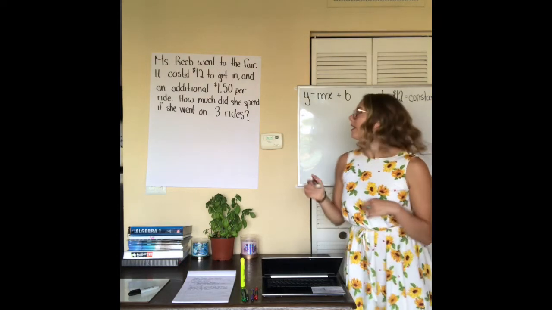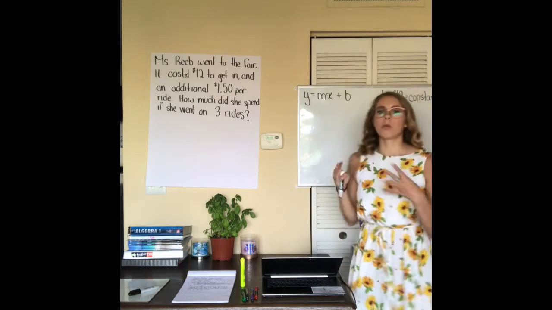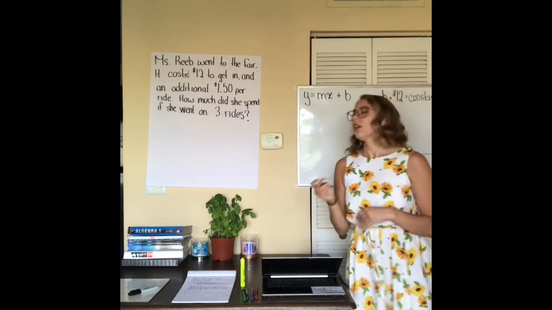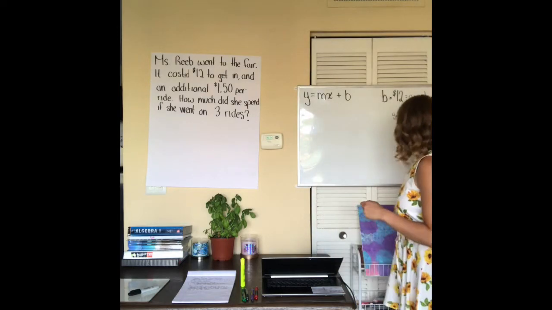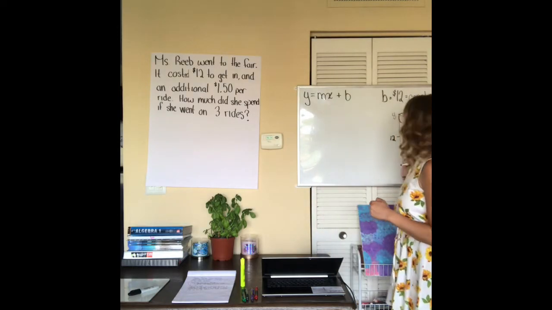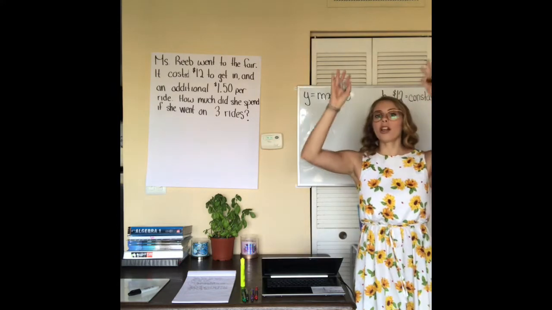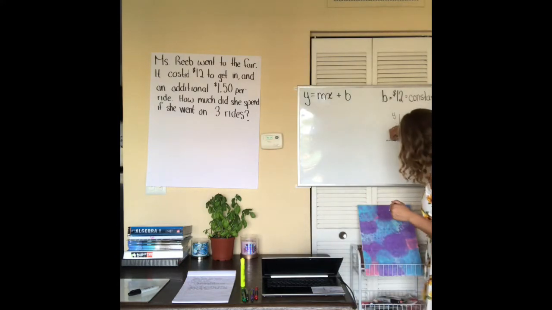And I know that because our constant is our y-intercept. So our line crosses the y-axis at 12, and that means that all of our y values have to do with money.